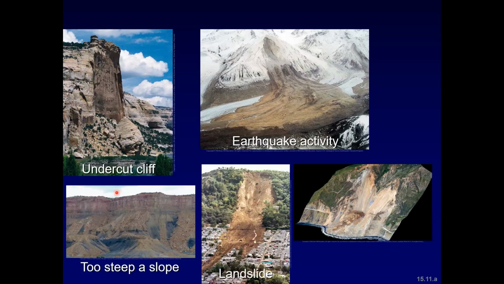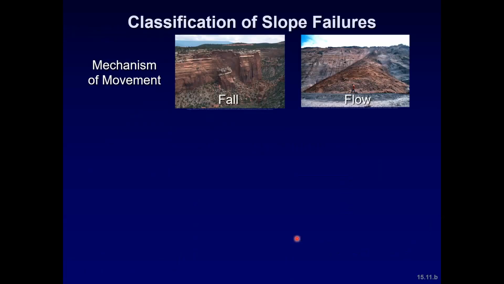A landslide. This could have been triggered by precipitation. Not sure. And then undercut slope. We have a road built through here and a failure right over the road. Might have happened without the road, but still.